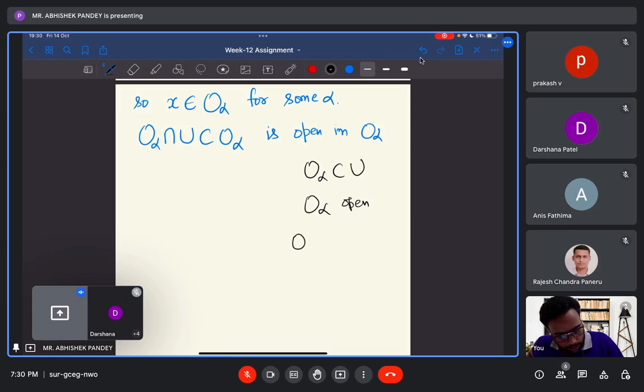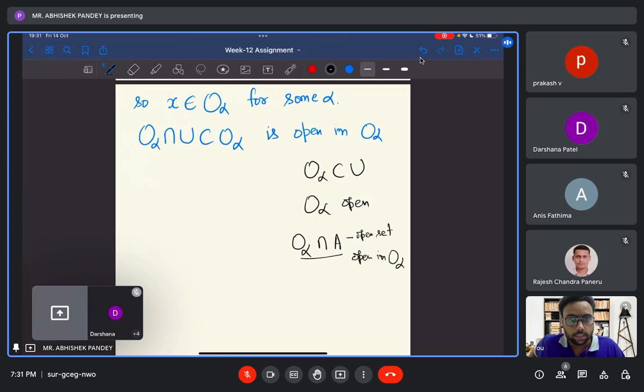It should look like O alpha intersection some open subset of U. Let me write A, open set in U. So this will be open in O alpha. In a similar way, O alpha intersection U itself is open in O alpha, isn't it? Is it clear?